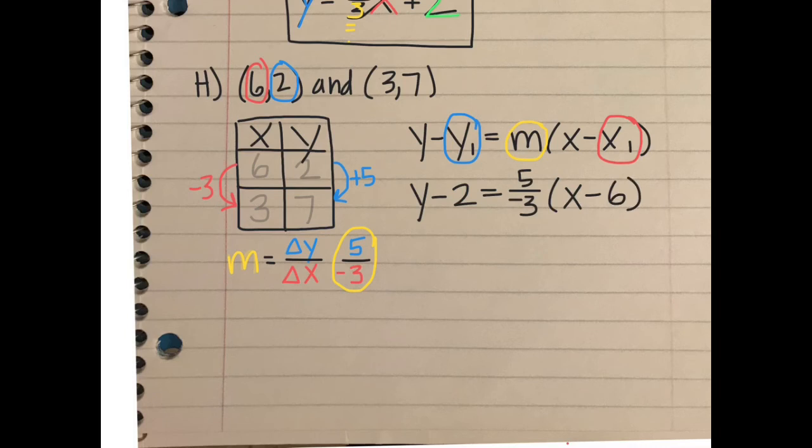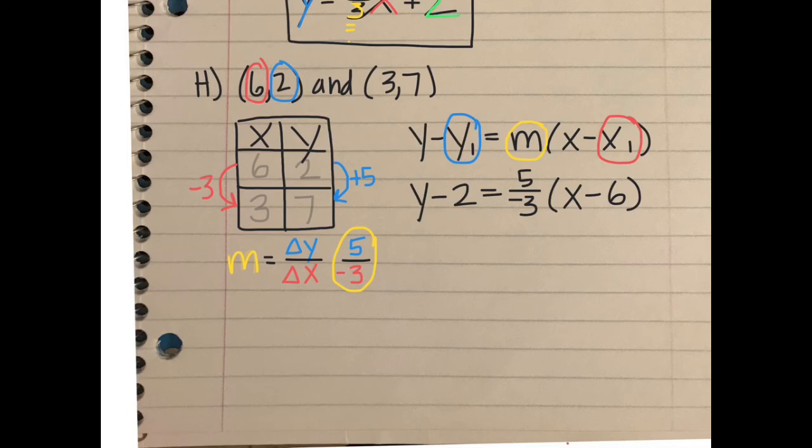So I've got a couple things I've got to do, and most of the time I can't do anything with this until I've taken care of this whole parentheses situation on the right. So once again, I'm going to have to multiply this fraction, 5 over negative 3 times x, and then 5 over negative 3 times negative 6. So let's do the first part.